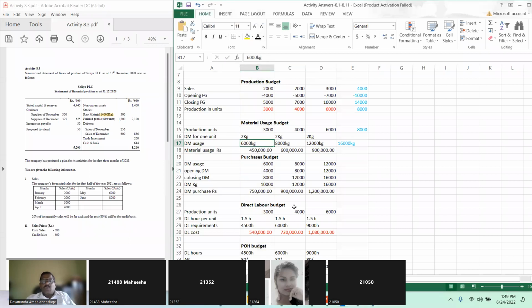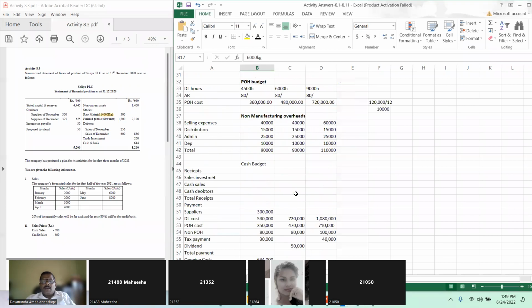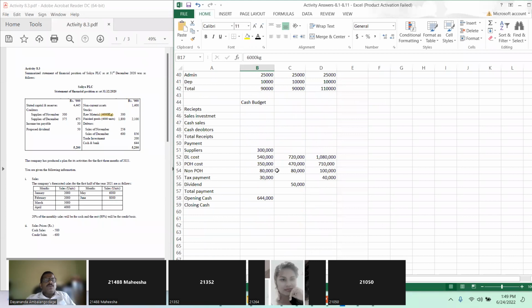Then the next question was, also we can pay supply in February for 30,000. Right, we'll take it. What is the answer for payment side? Right, good. Now this supplier 3,000, because we take 2 months.